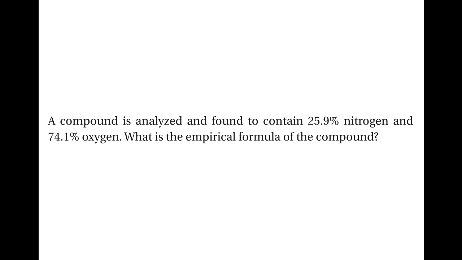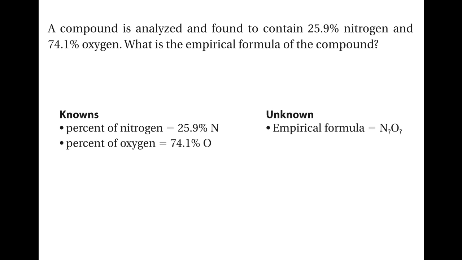The second thing that you need to do is write down everything that you are given. You're given 25.9% nitrogen and 74.1% oxygen. So I will write that down. This is what I know, and that is what I'm looking for.